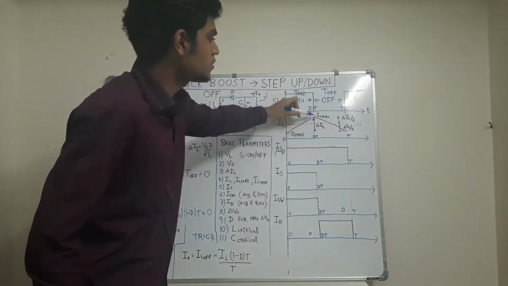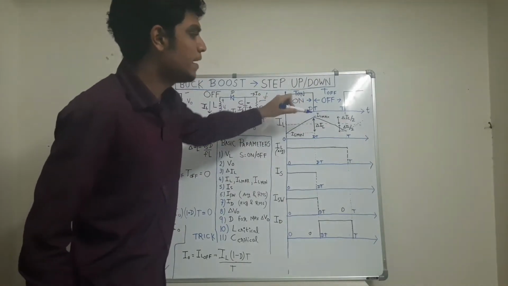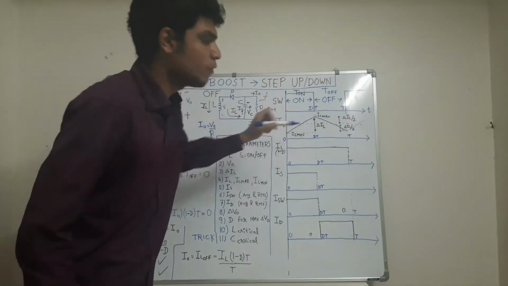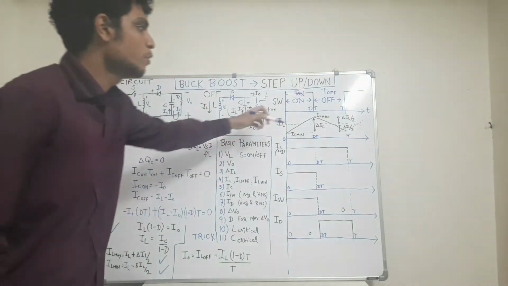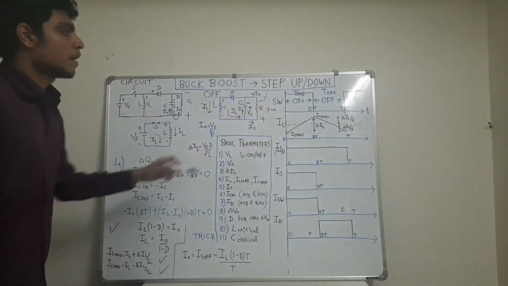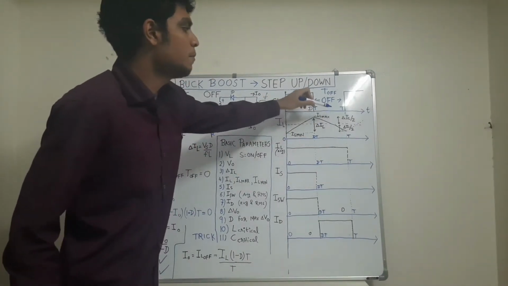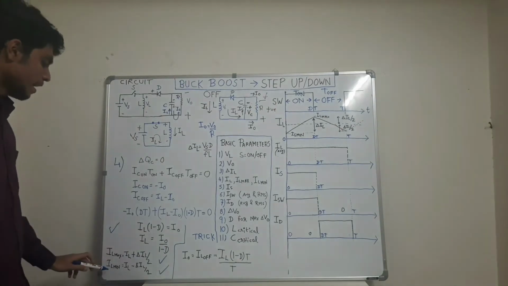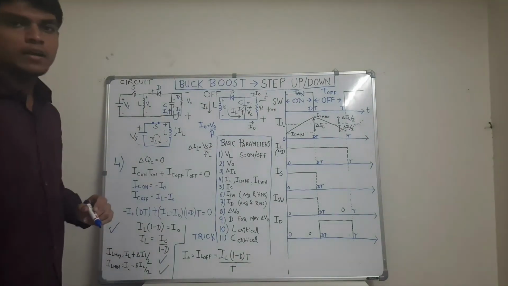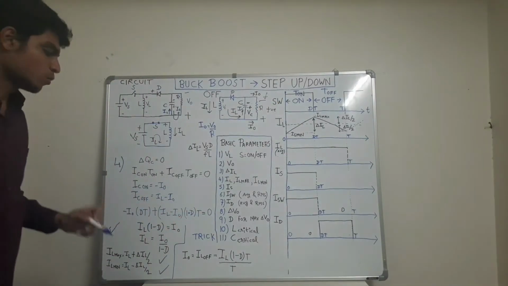Therefore if the total difference is del IL, then the upper portion will be del IL by 2 and the lower portion will also be del IL by 2 due to the symmetry of the triangular waveform. Therefore IL max will be equal to IL plus del IL by 2, and IL min, the minimum value of inductor current, will be equal to IL minus del IL by 2.